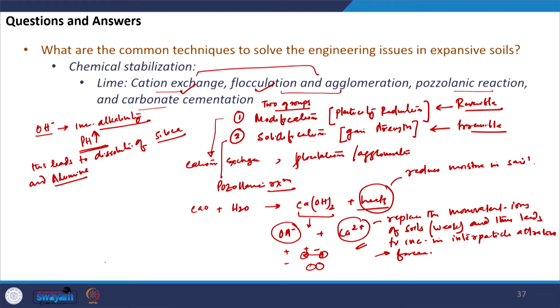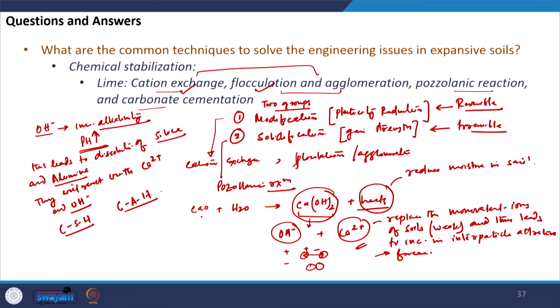So, the silica and alumina will get dissociated in this particular environment, and since they are now independent, they will react with the Ca2 plus and OH minus ions that are formed by the breaking of Ca(OH)2 to form CSH gel, if it is silica, calcium silicate hydrate, or it can also form calcium aluminate hydrate if alumina reacts with the Ca2 plus and OH minus ions.